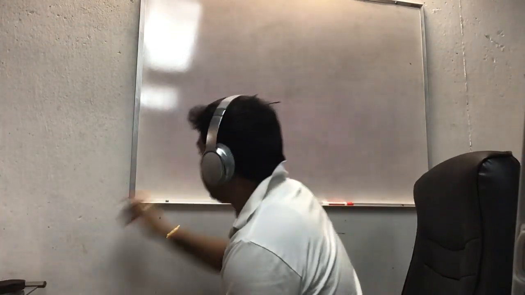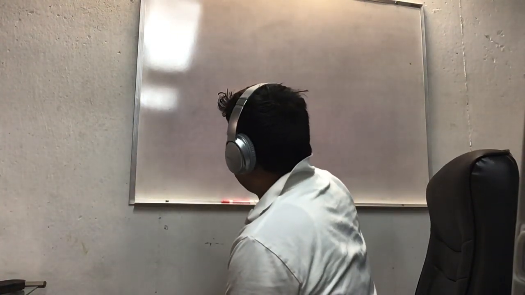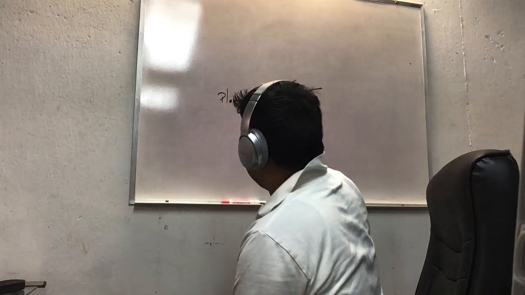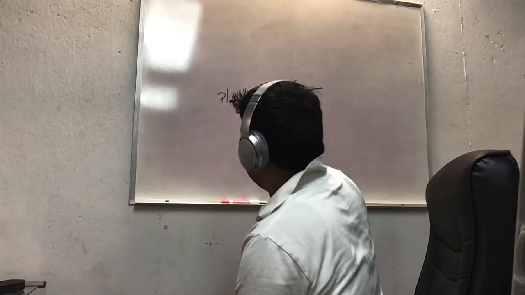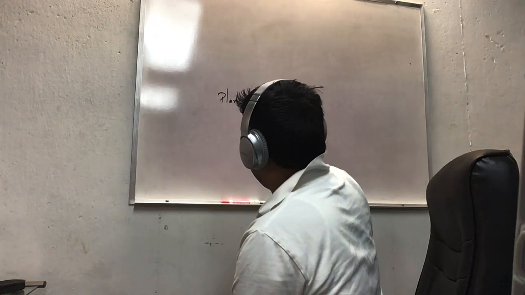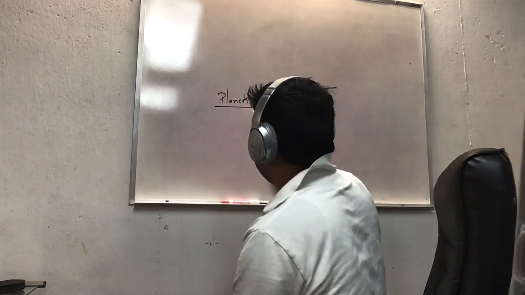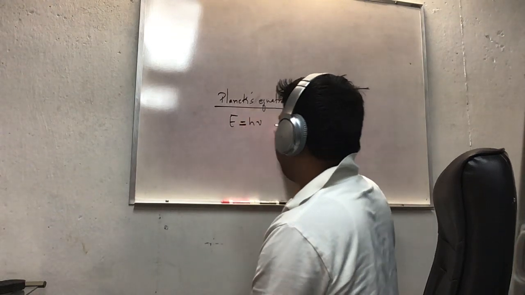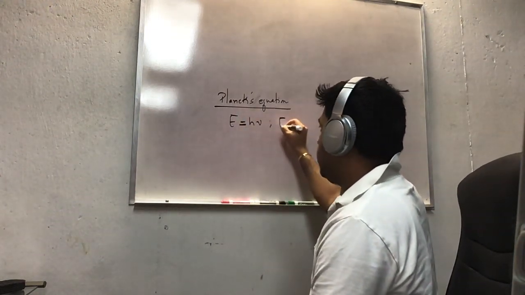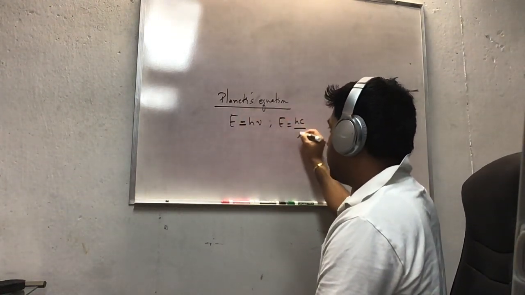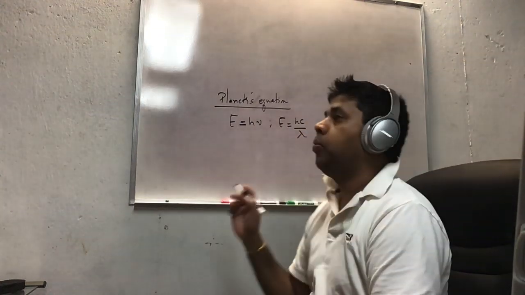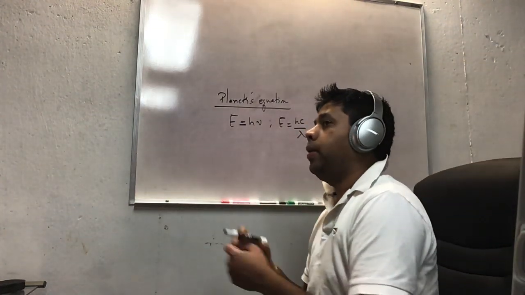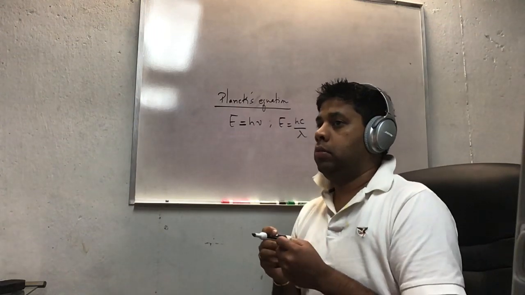Next is Planck's equation. Planck's equation is E is equal to h nu, that's h times frequency, or E is equal to hc over lambda. So according to Planck, the light behaves like a particle.